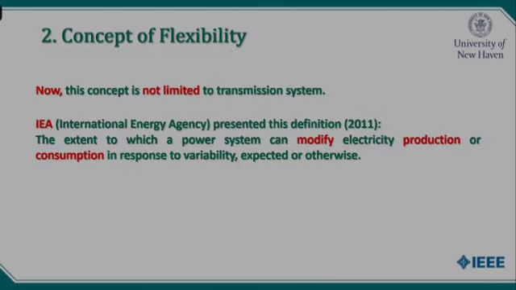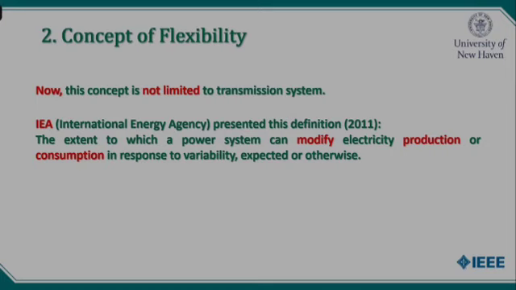But that was the only definition used for the transmission system. Now this concept is not limited to transmission system. We can see that in 2011, the IEA, International Energy Agency, presented a new definition for flexibility.